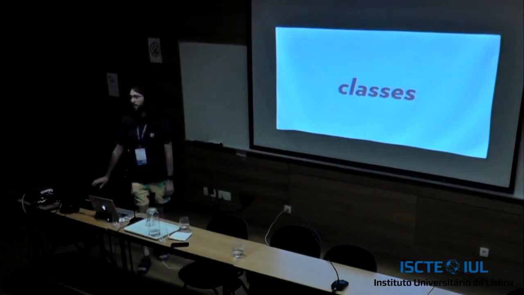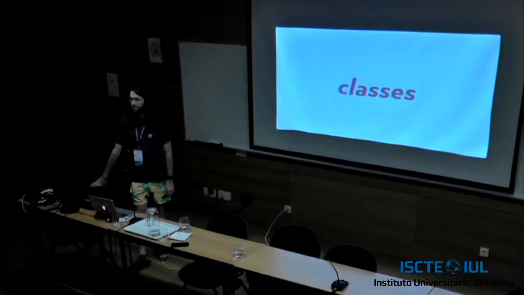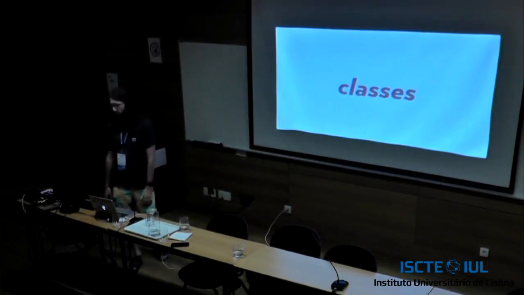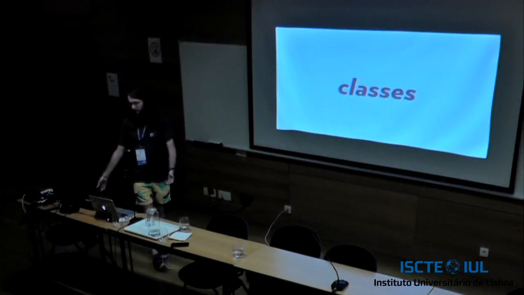So, you're probably familiar with PHP classes, and does anybody use JavaScript classes? Nobody. Maybe not. So, classes are in reality just syntactic sugar over JavaScript's existing prototype-based inheritance. They don't add anything.